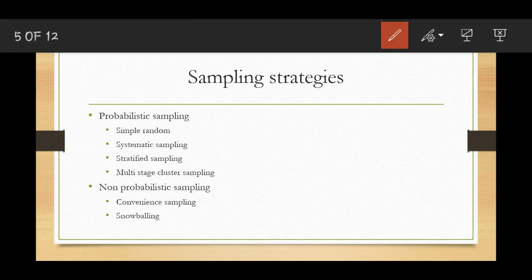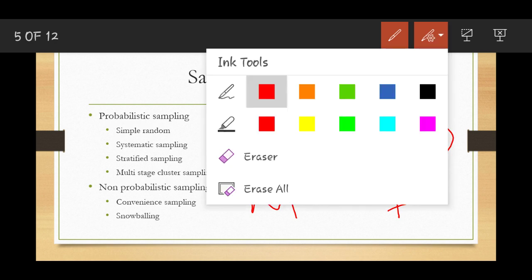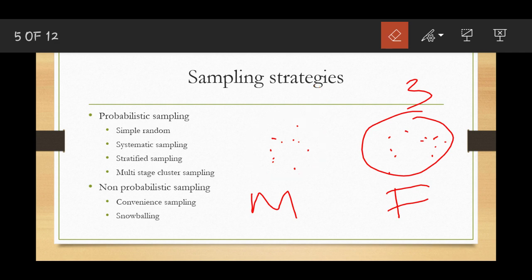For example, we have two groups here. We call this group 1 for males, and this other group for females. Then these groups have individuals inside. From each group, you use simple random sampling. Maybe you select 3 individuals from this first stratum and 3 individuals from the other stratum.